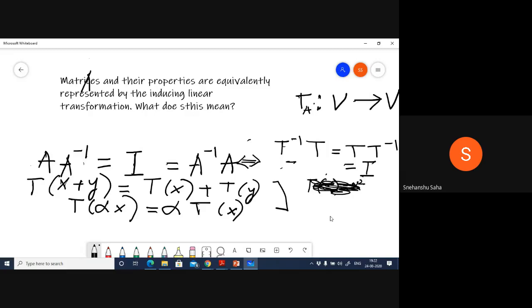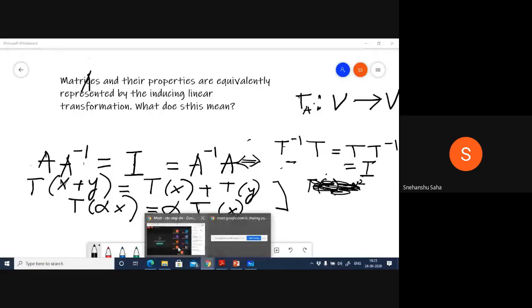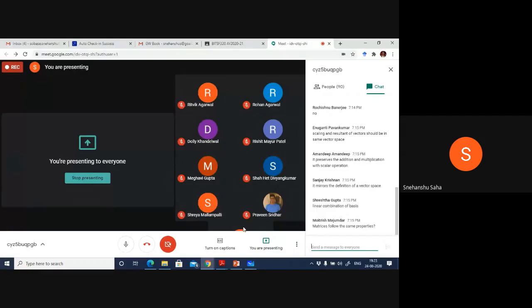And you would do well to remember that whenever I talk about a matrix, a matrix is induced by the corresponding linear transformation. Yes, Maitrish, very good, excellent.